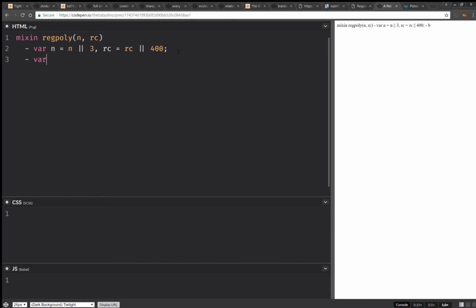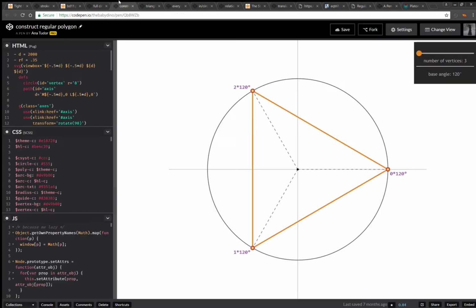So going back here, we're going to compute a base angle. So the base angle is the angle corresponding to one edge. So if we have 3 equal edges, then each one is going to have an equal angle that corresponds to it.